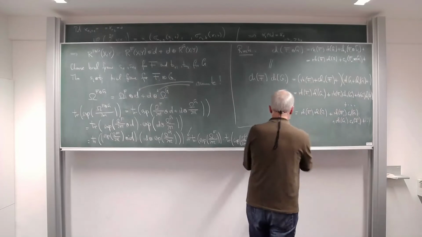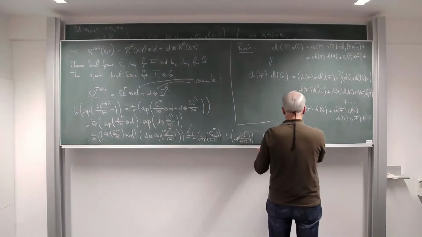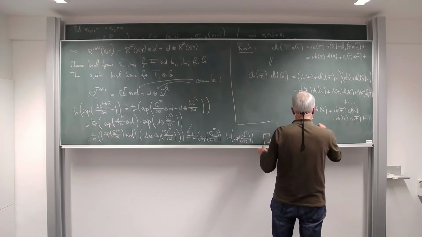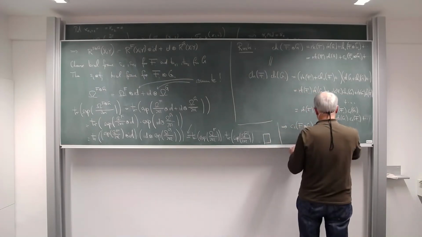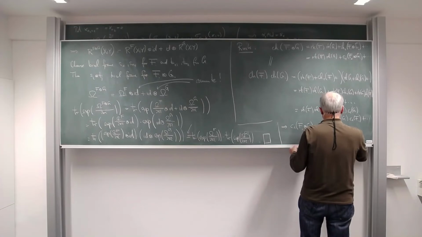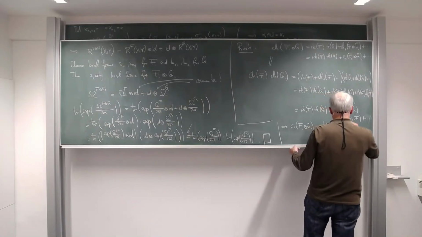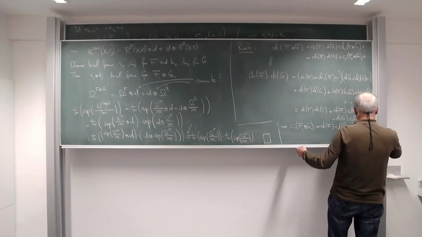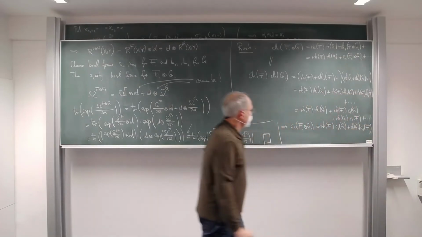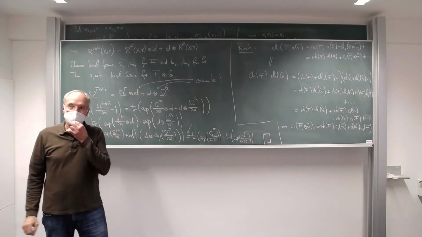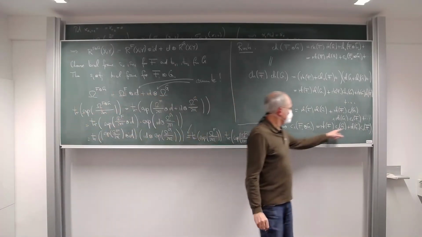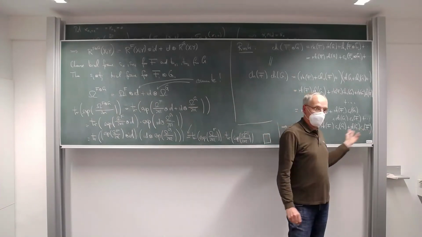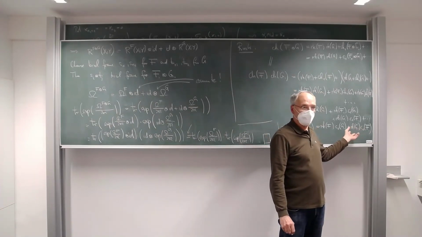So if we compare, we see that the first Chern class of the tensor product is given as the rank of F times the first Chern class of G plus the rank of G times the first Chern class of F. And in the case of line bundles, where the rank is equal to 1, this just tells us that the first Chern class of the tensor product is the sum of the first Chern classes. And that was an exercise on your sheet.